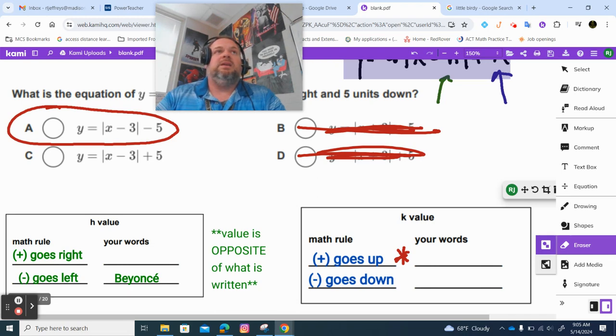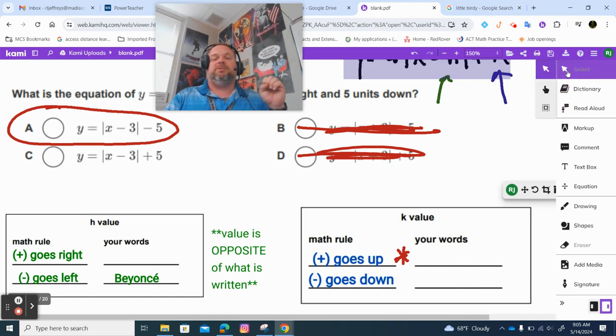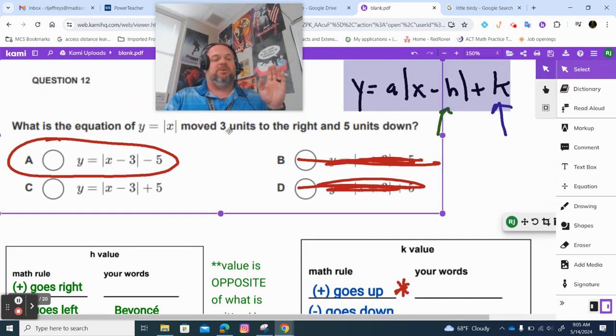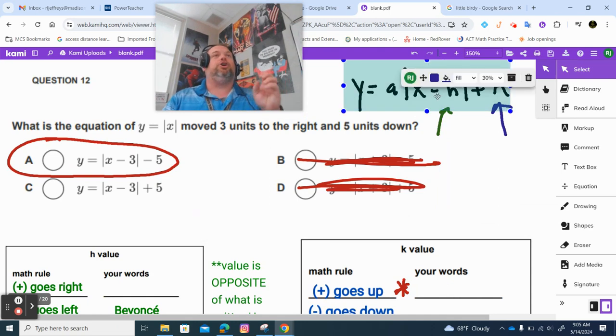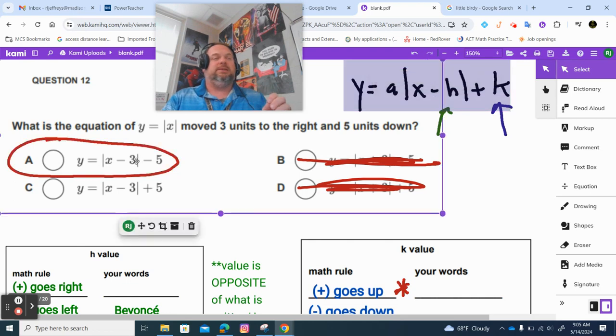No, because if the value is positive because it goes to the right, okay, so 3 is positive, right? And we plug it in here, it's going to look negative when it's written.